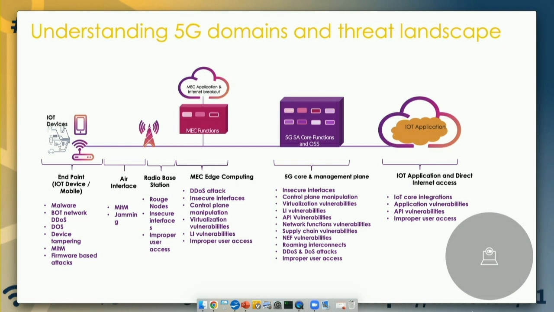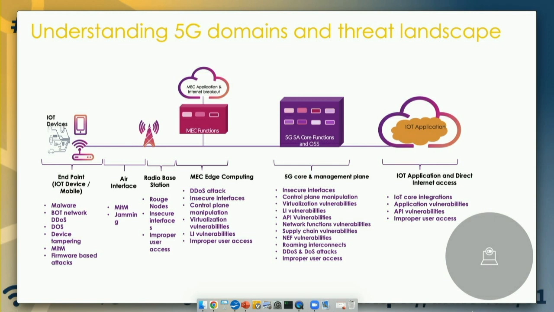Now, before looking at the approach for securing the 5G network using the two principles discussed earlier, let's have a quick look to understand the 5G network and the domains it has. Starting from the left in the current slide, we have the endpoint, which can be anything from a mobile phone to IoT devices. I have also mentioned some possible key attack methods or attack vectors.